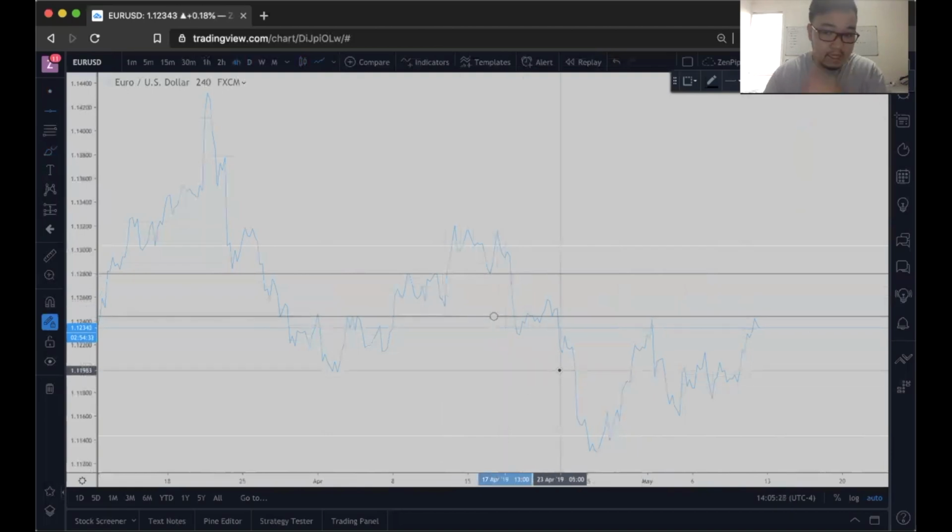If you're wondering why I keep saying zones, it's because support and resistance is not one price. It's a zone. Picture it like a layer of jelly. Price can pierce this, but it'll still bounce back out. It can pierce it to the upside or the downside. These black lines represent the support and resistance zones on a 4 hour time frame.